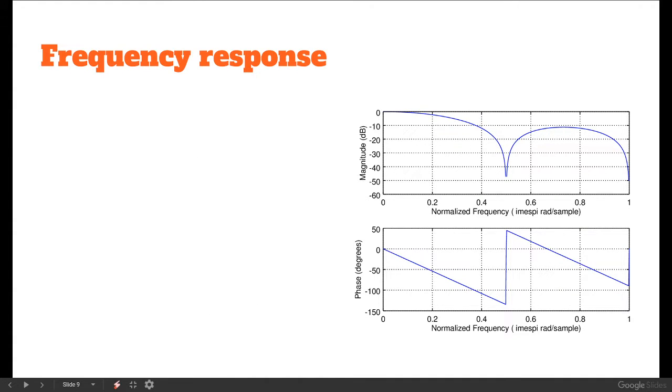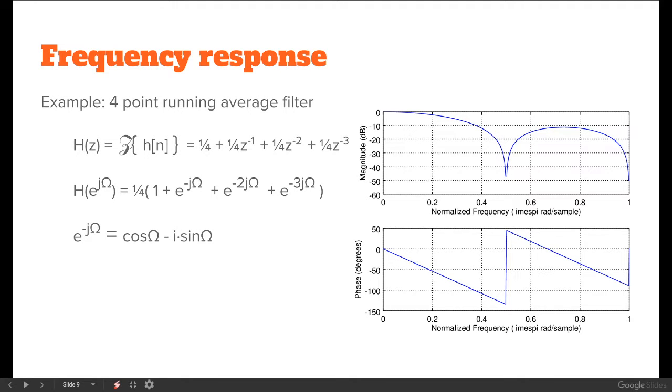There is an example of a 3-point running average filter. No, sorry, a 4-point running average filter. Remember the zeros and poles for the 4-point running average filter. It has zeros on those points and poles here. Or actually, if we have this kind of situation with the feedback, well, those will cancel out before you do the calculation here.